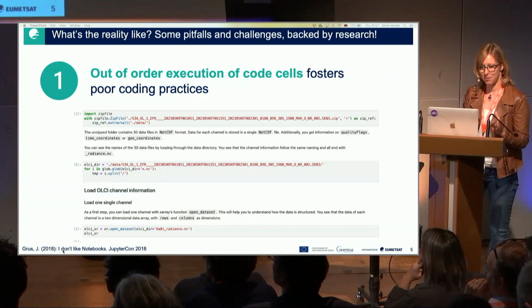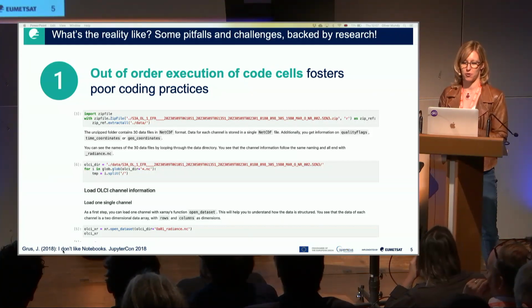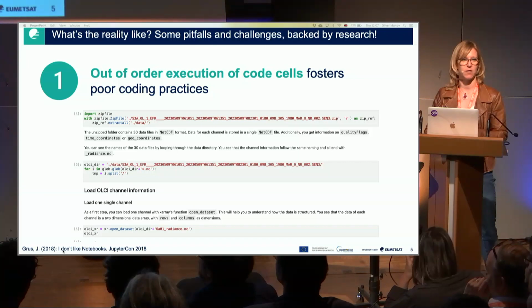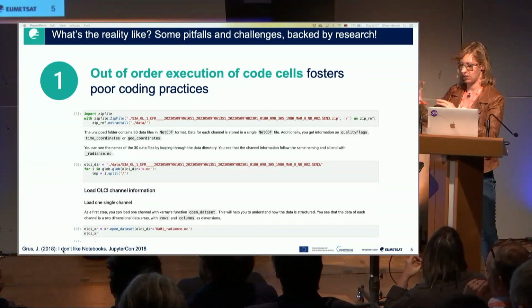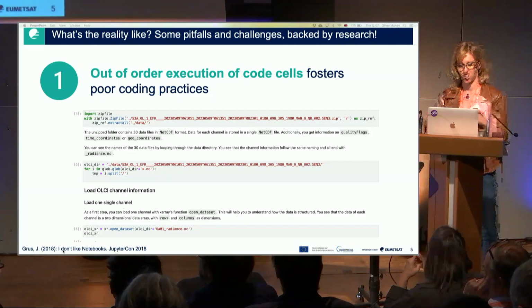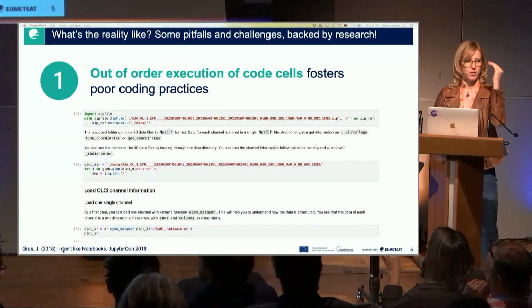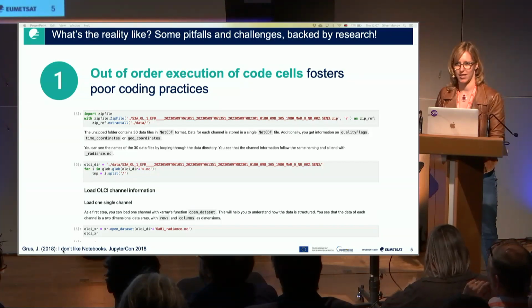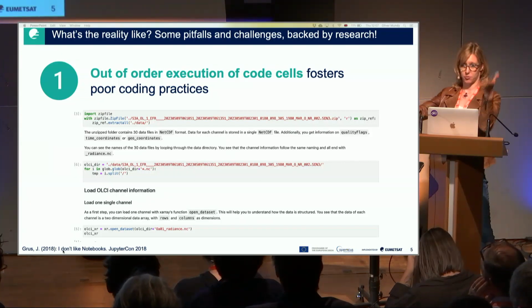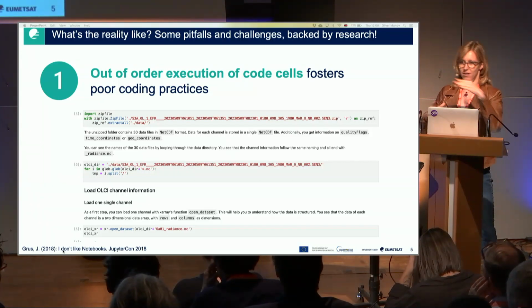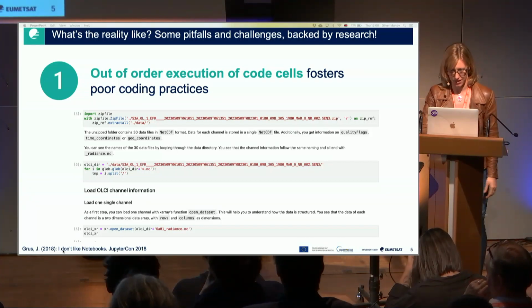But anyway, the number one challenge is that notebooks foster poor coding practices, because usually when you develop a workflow, you start at the beginning, but then you execute something more on the bottom, then you see there's a problem, then you go back, maybe you add some code, you execute it again, and then you go back again to the bottom. And then often these notebooks are pushed to GitHub, and so often an inline execution doesn't work in the end.